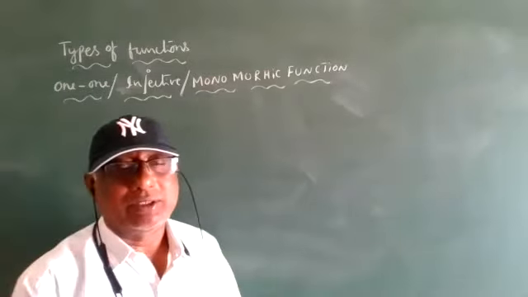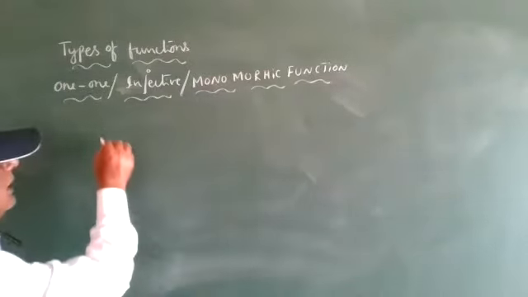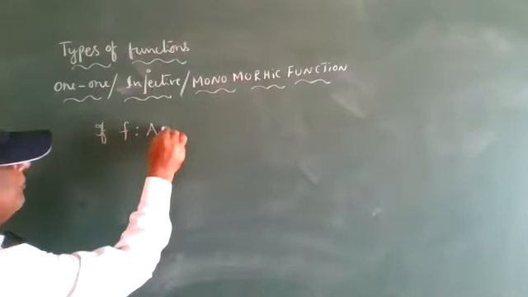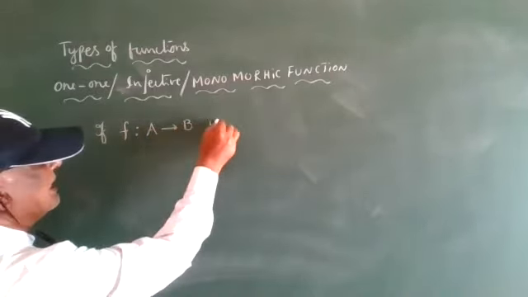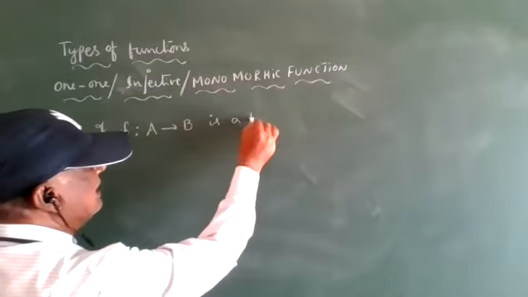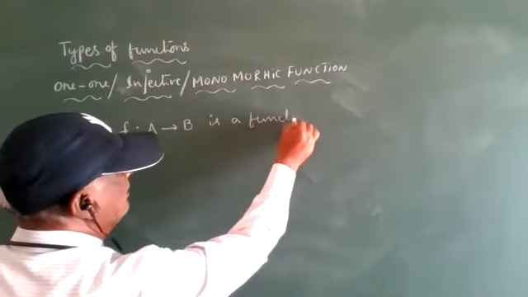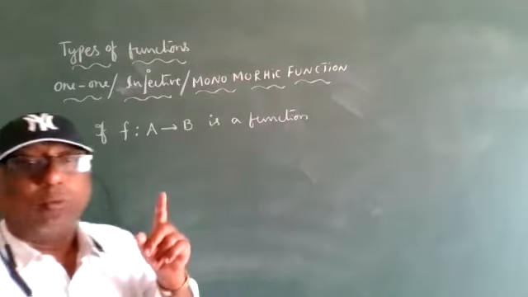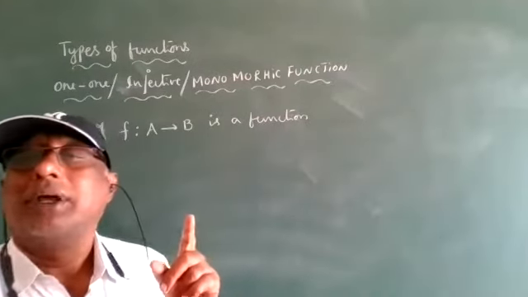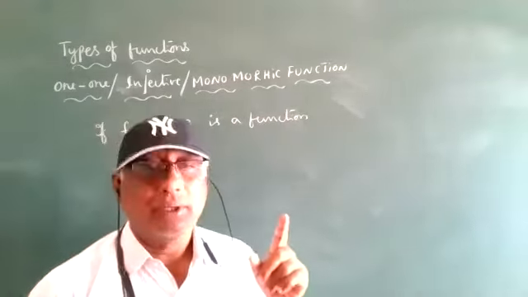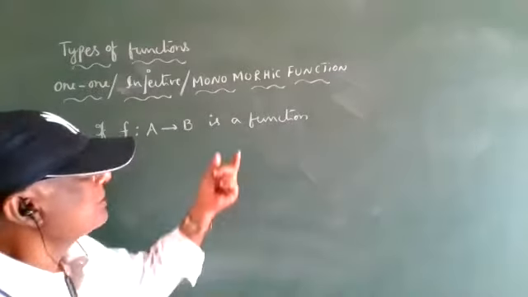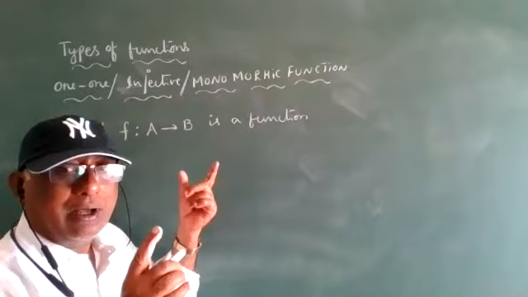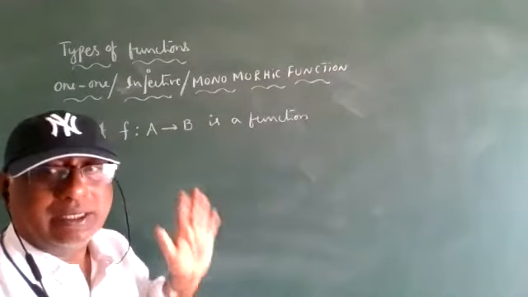What is the one-one function? First, f is a mapping from A to B, and it is a function. What is the function definition? Every element of set A has images.